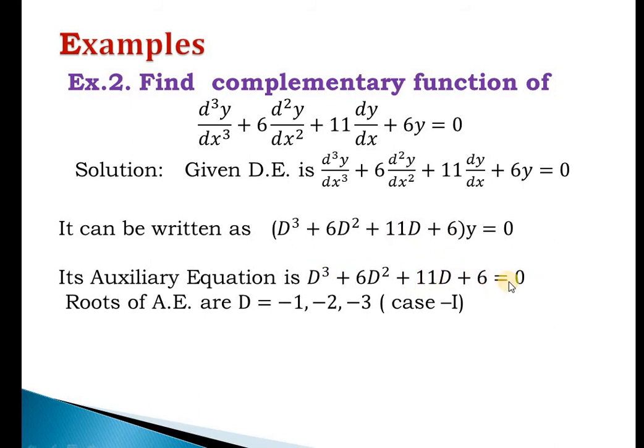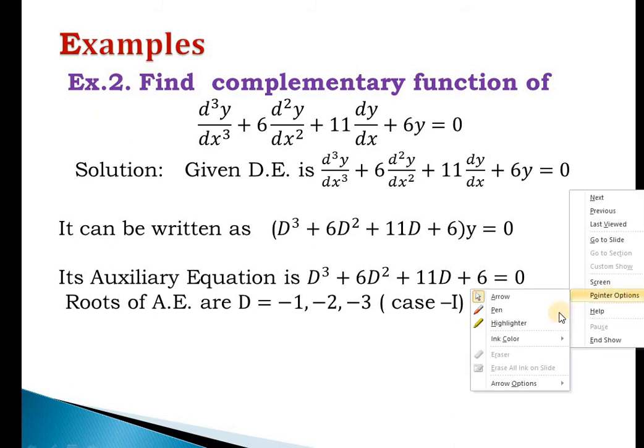This is a cubic polynomial, so we find its roots. The roots of this polynomial are minus 1, minus 2, minus 3. So all roots are real and all are distinct. So case 1. What is the complementary function by using this one?